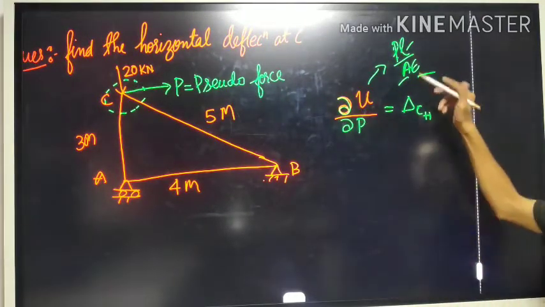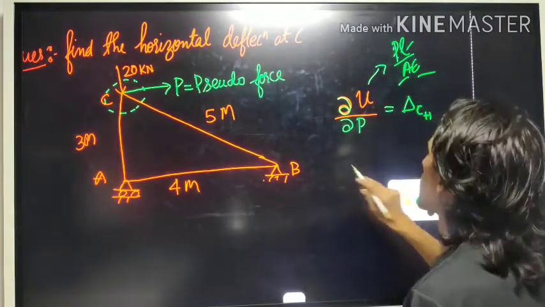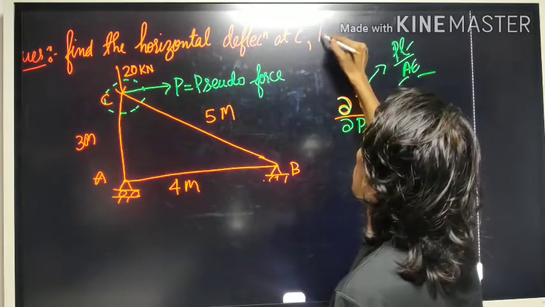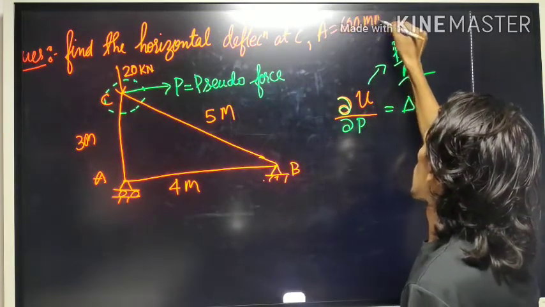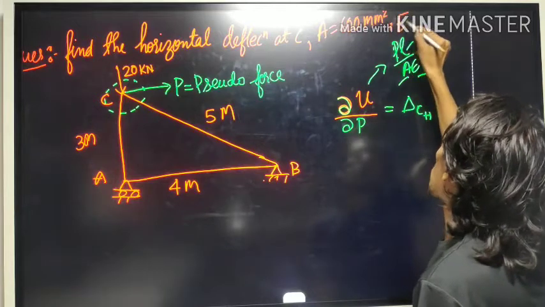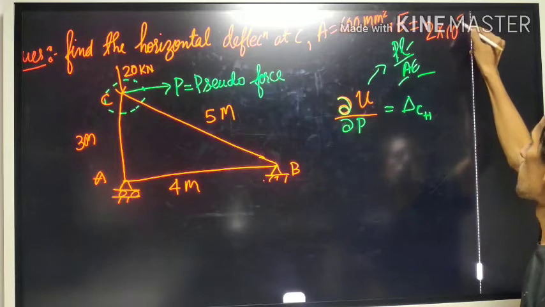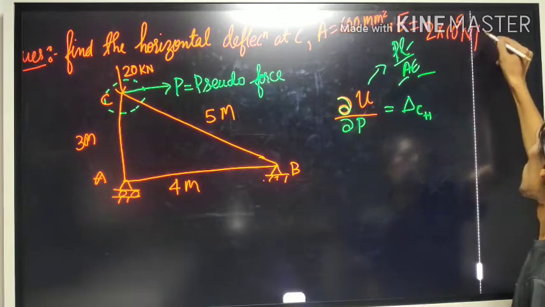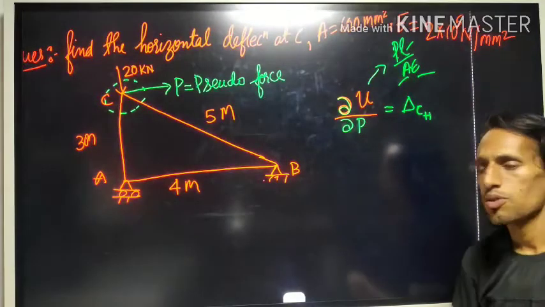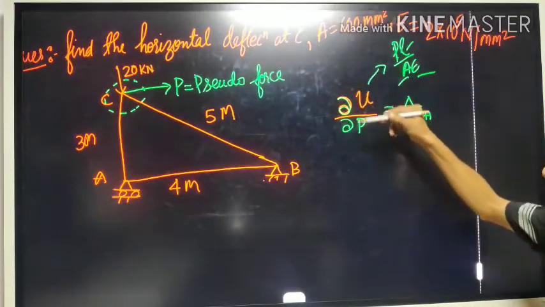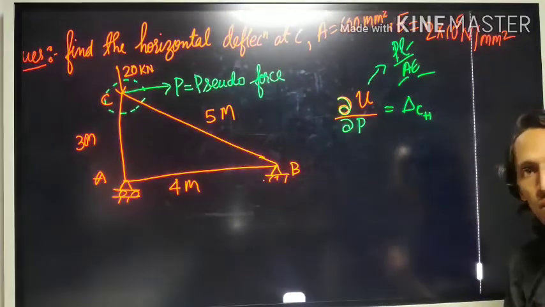So let's say here that A is 600 mm square and capital E is 2 into 10 to the power 5 Newton per mm square. So now every data is given. Now you can start solving your problem.